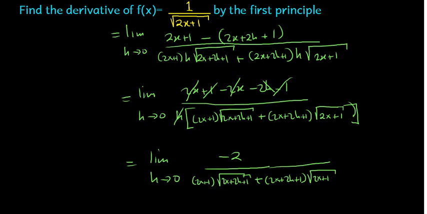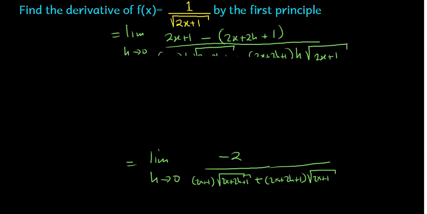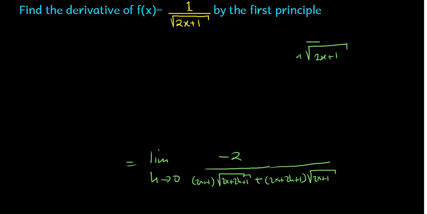Now at this point what we're going to do is, where there is x, where there is h, we're going to substitute now 0. So immediately we substitute, the limit goes, it has to be negative 2 divided by, we are going to put a 0 here. We're also going to put a 0 here. So we see what is going to remain in the denominator.